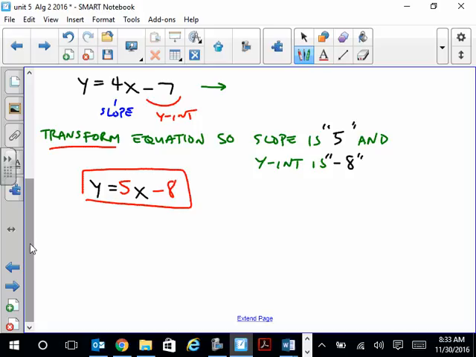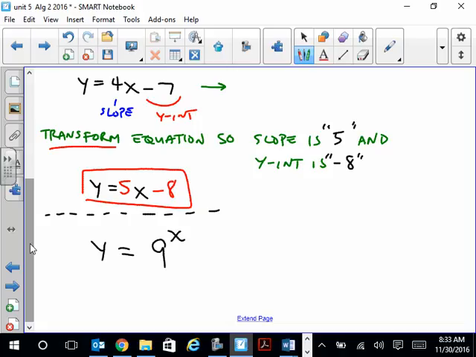Okay. On this one, we want you to transform it. So transform equation. And write down the instructions, that way the words are there. These are the only two types I could get today, so I'm only going to do these two types. You could do a variety. Transform equation.